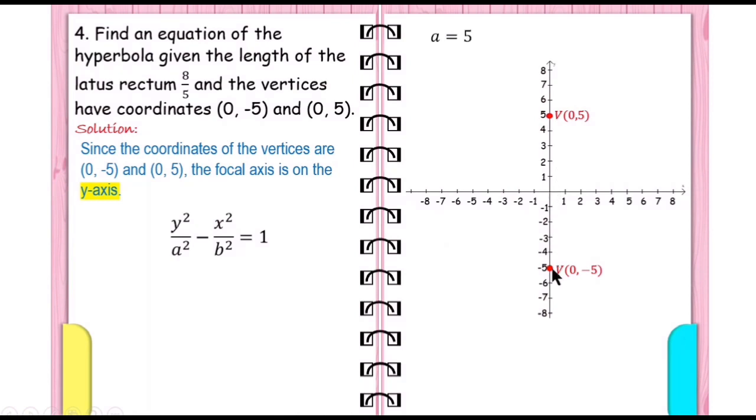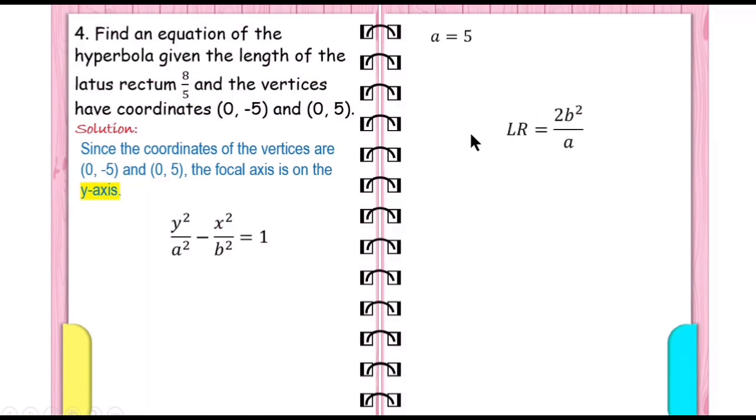Since we have the length of the latus rectum, which is 8 over 5, we can determine the value of b. Recall that the length of the latus rectum is 2b squared over a. We substitute the value 8 over 5, copy 2b squared, and replace a with 5. We cross-multiply: 2b squared times 5 is 10b squared, equals 8 times 5 is 40.